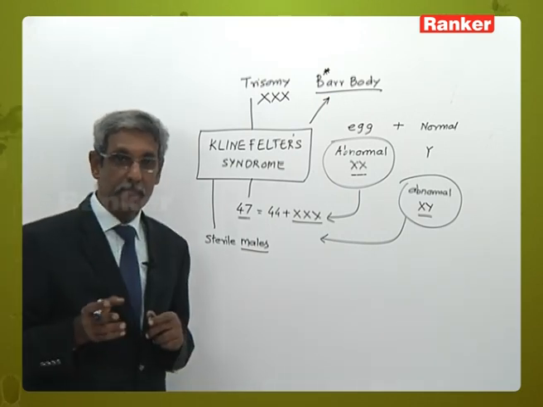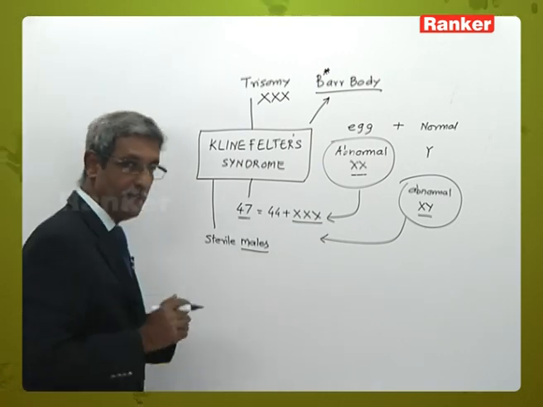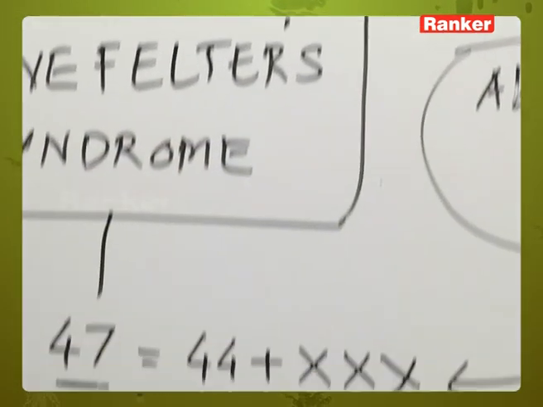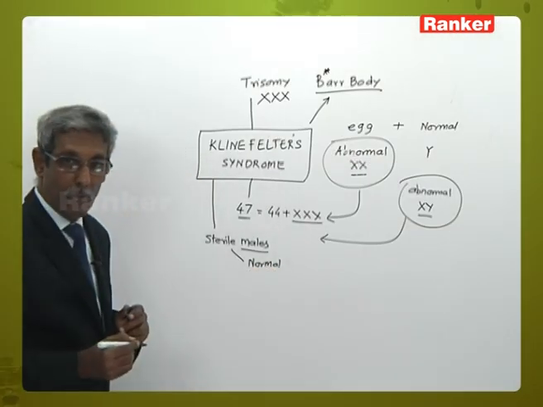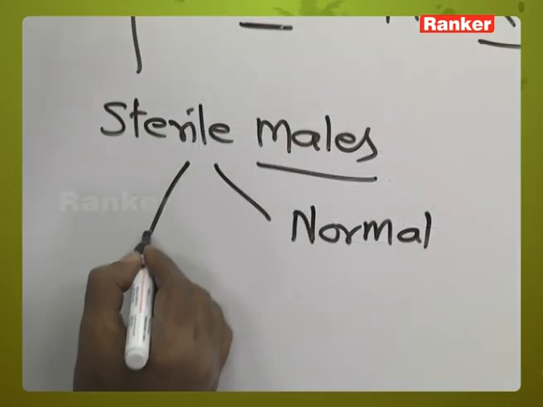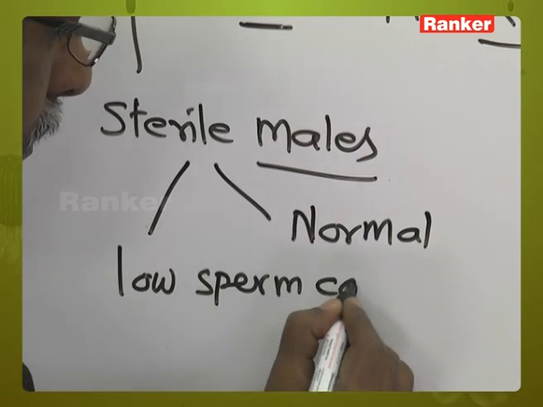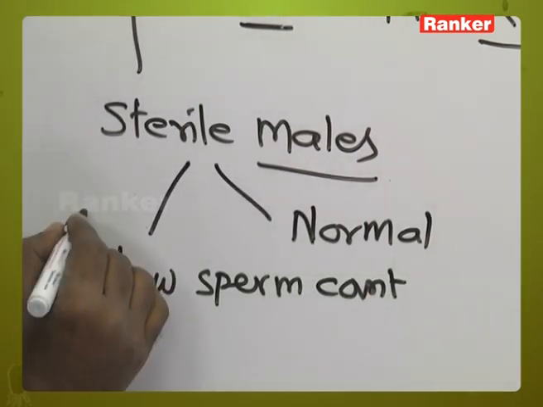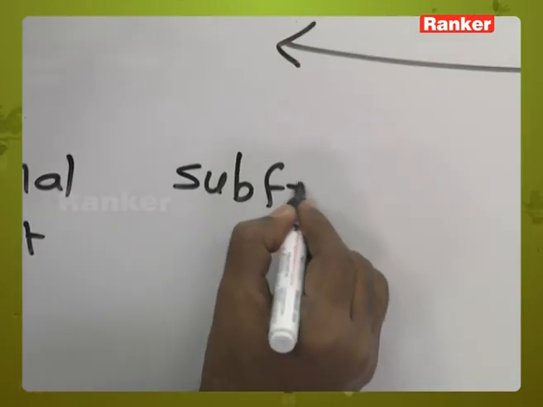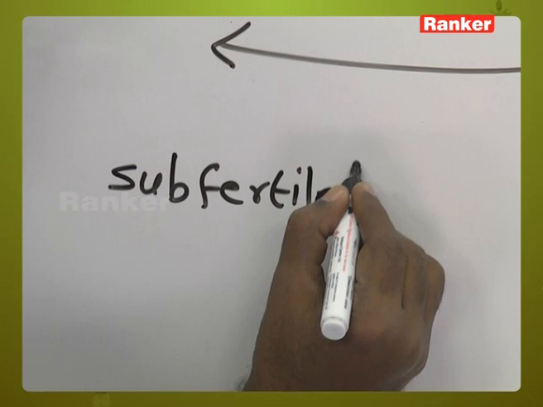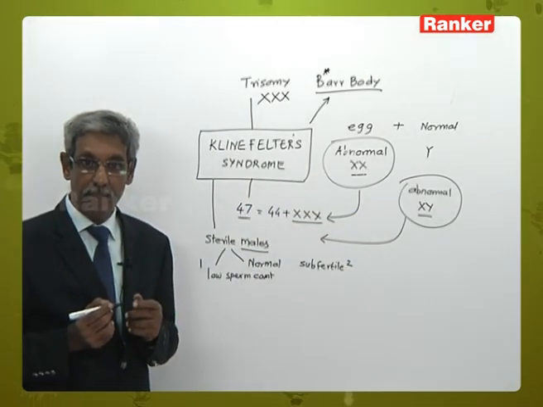The clinical symptoms of Klinefelter syndrome: the males look normal. However, they have a very low sperm count. They are subfertile. They have very small testes.